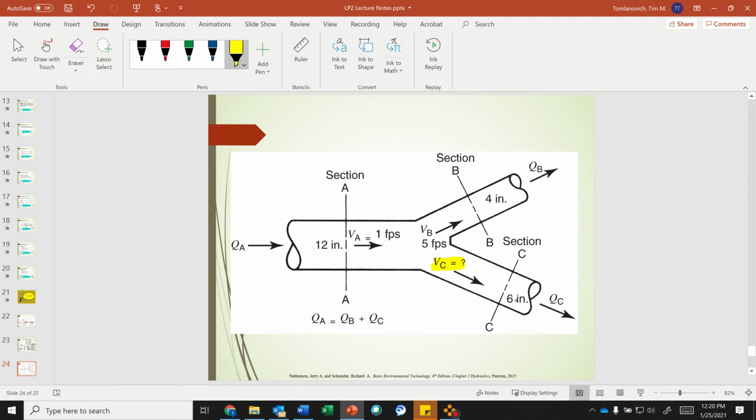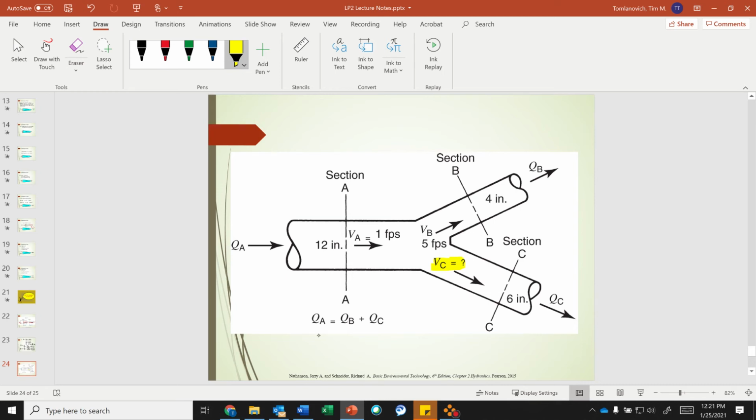So we know that's 6 inches. We know this is 4 inches. We know this is 12 inches. The velocity in the 12-inch branch at section A is 1 foot per second, and the velocity in section B in the 4-inch branch is 5 feet per second. Okay, so we need to find the velocity here.